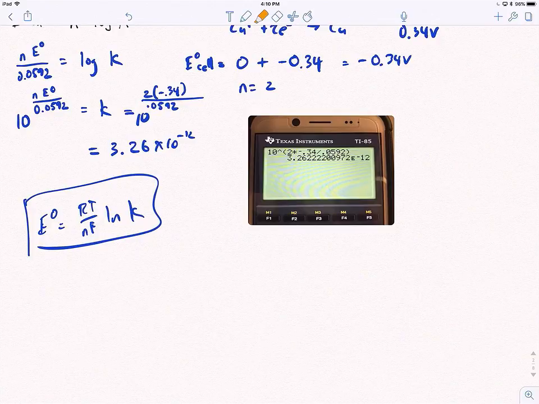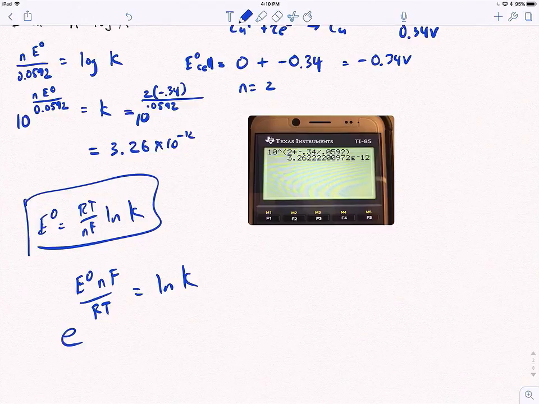Then in doing so, it would be the same idea. You could do E0 times NF over RT is equal to the natural log of K. And then you could take e to both sides to get rid of that. So that is an equally good, proper way to do it.